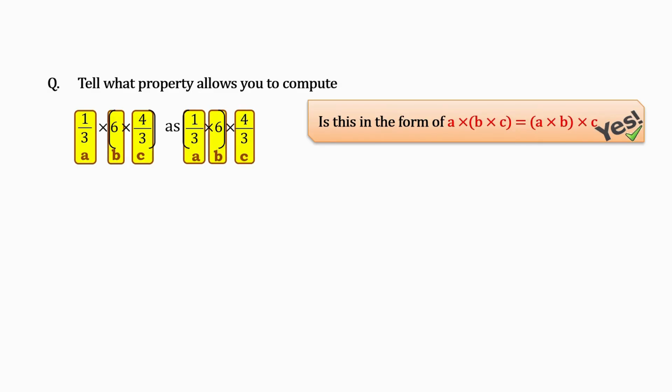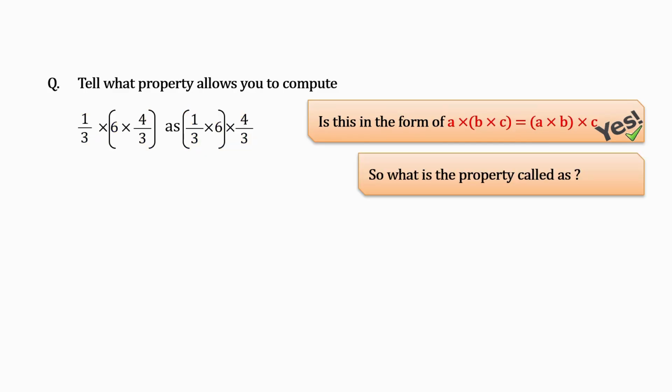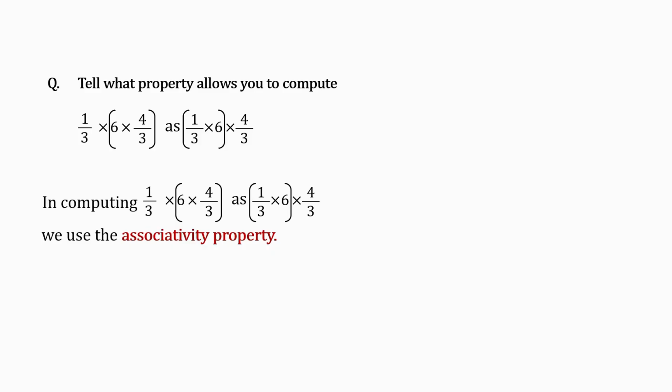So yes, it is in this form. So what is this property called? This is called the associative property, or associativity. So here we have used the associativity property.